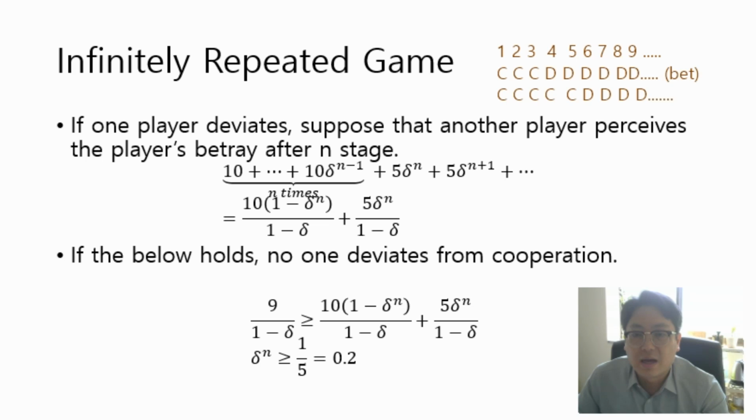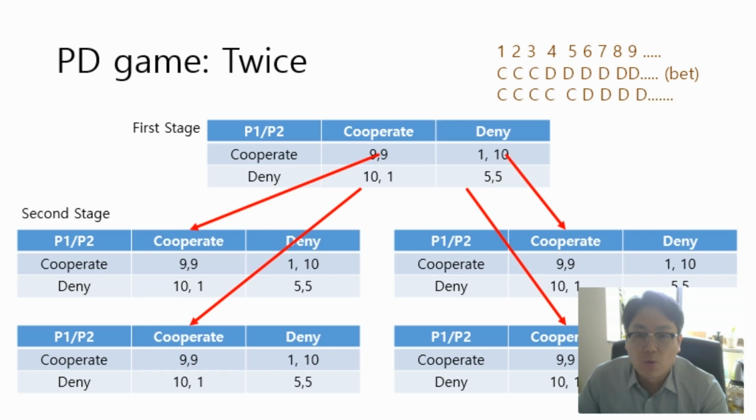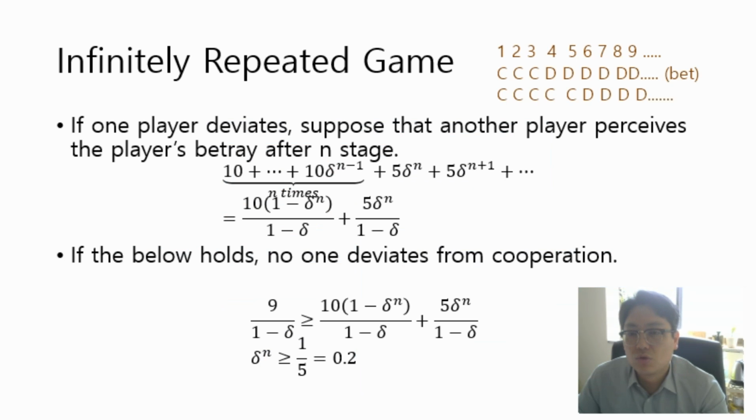After that, n times later, 5 is given when both choose deny, 5 to these two players forever, 5 and 5 and 5.